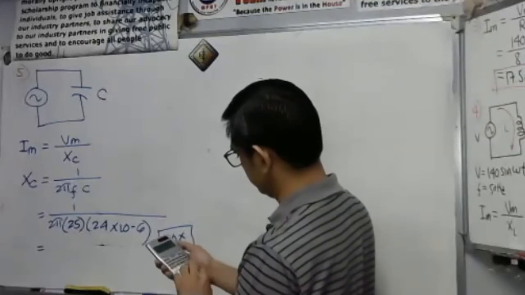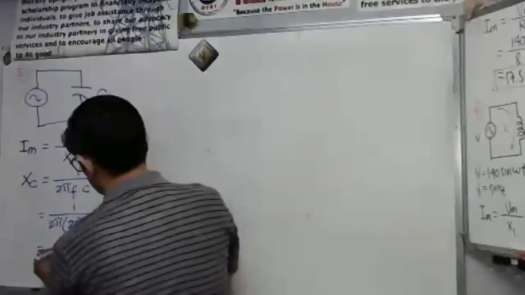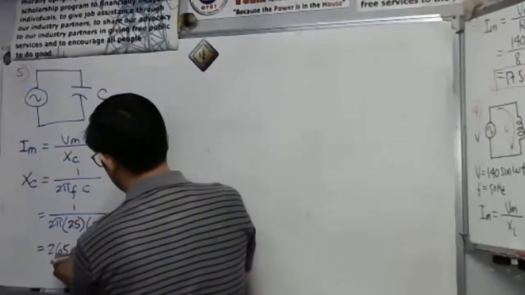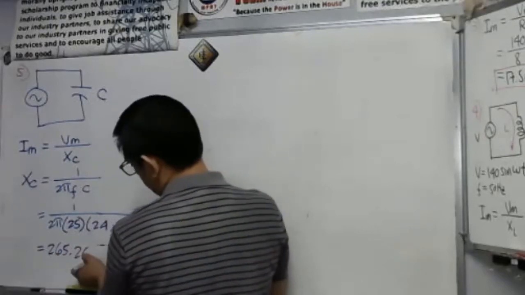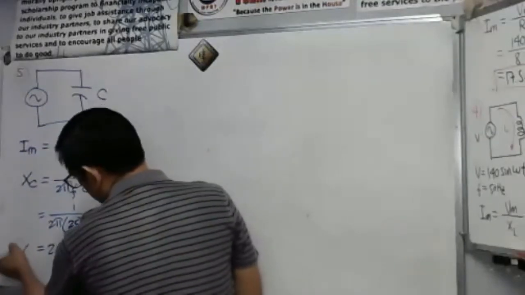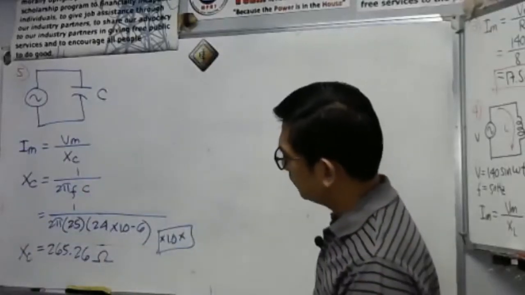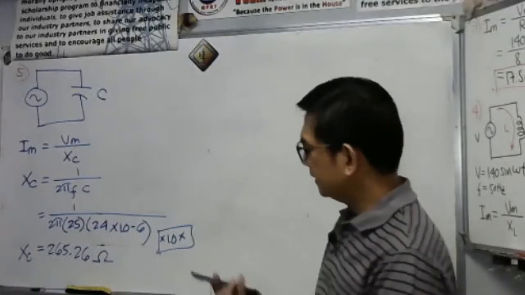Then equals. So our answer here is 265.258. Okay, make it 265.26. Now, that will be in ohms. That is our X sub C. Okay? That is our X sub C. Well, there are so many ways.